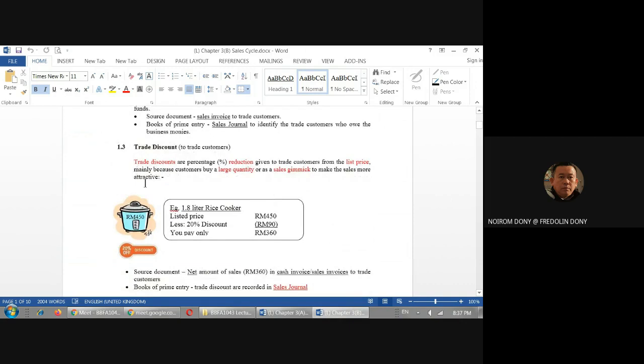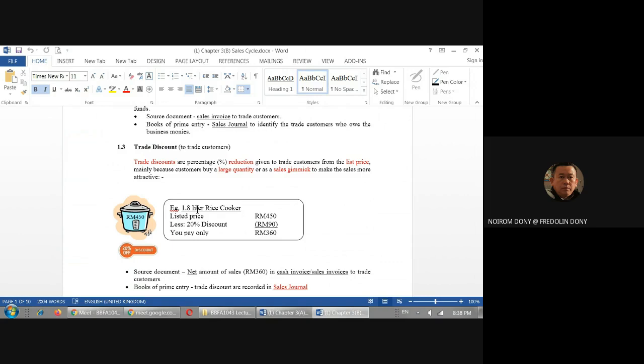So we have trade discount also. Remember, trade discount is to encourage bulk purchases, to encourage large sales, large quantity. You don't record it in the books, but you have to show it. How much is the trade discount given? You only record the net after trade discount. Again, remember, in return inward, when we have a sales return, you have to refer back to the sales journal whether that particular trade receivable was given a trade discount.